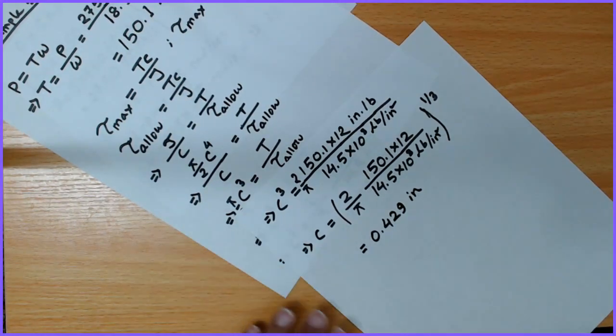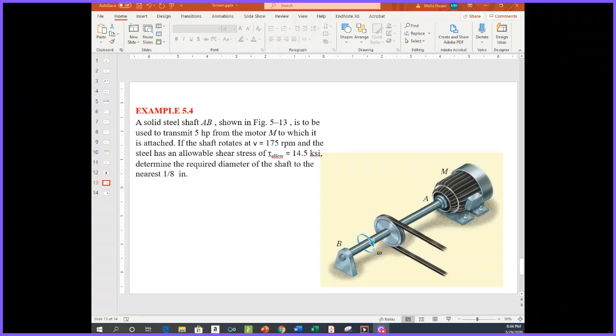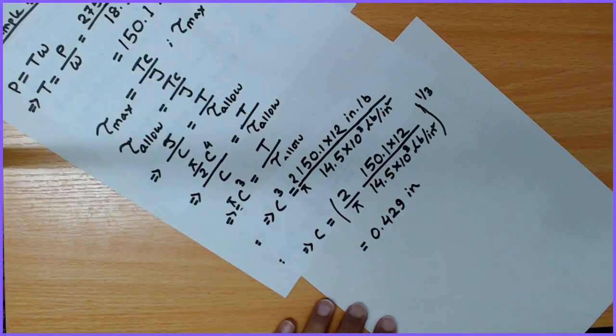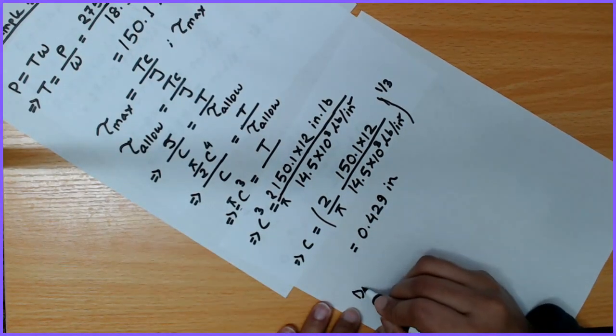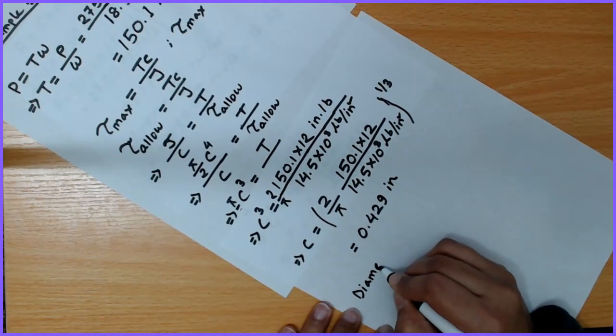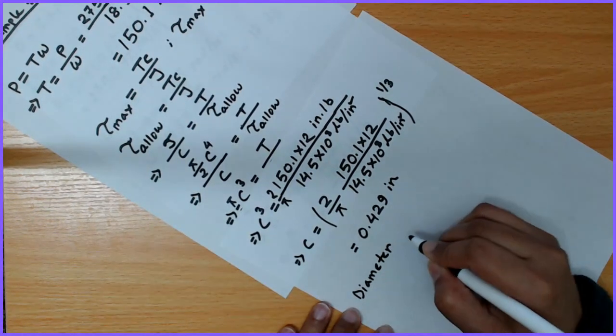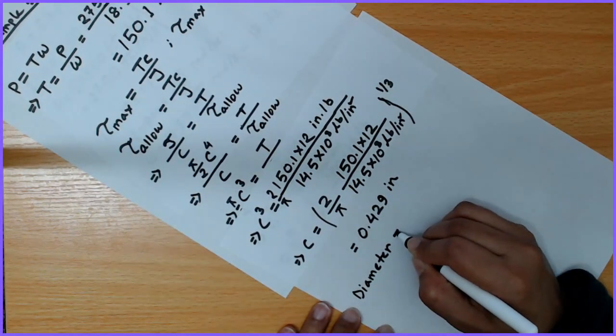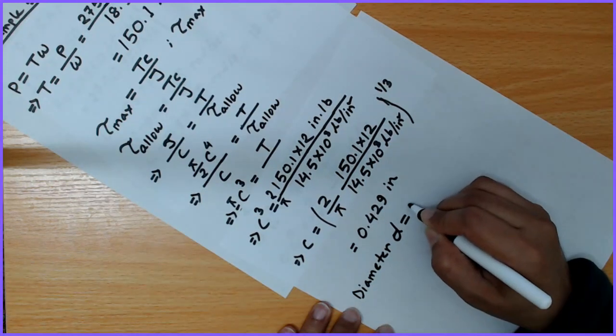Now, if you remember, the question asks to find the diameter of the shaft, and C is the radius of the shaft. So the diameter D is equal to 2C.